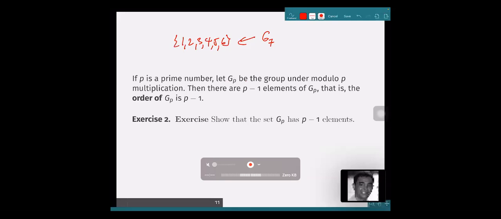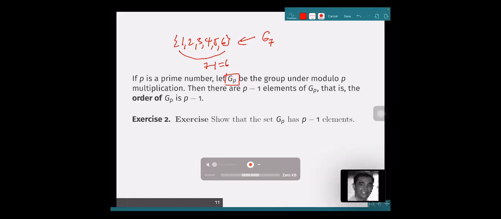That's why the prime number is really special, because anything between 1 and that prime number doesn't have anything in common with it. So the number of elements is equal to 7 minus 1, which is 6.